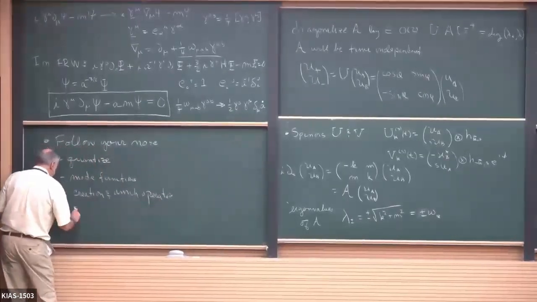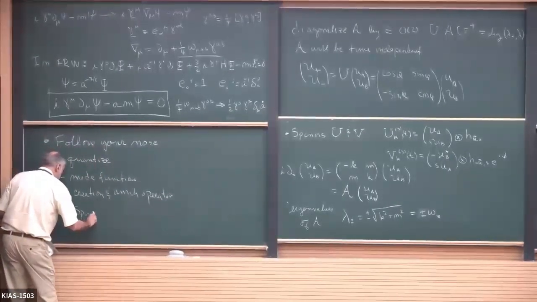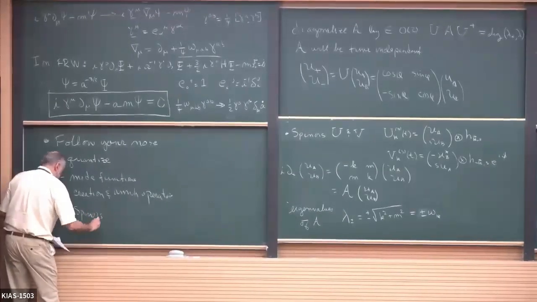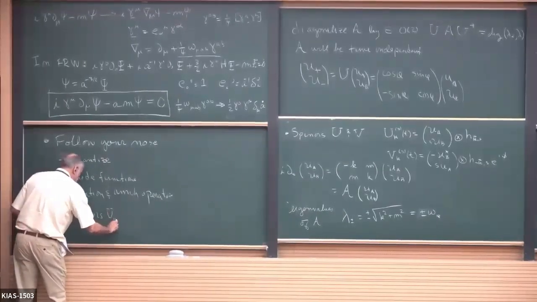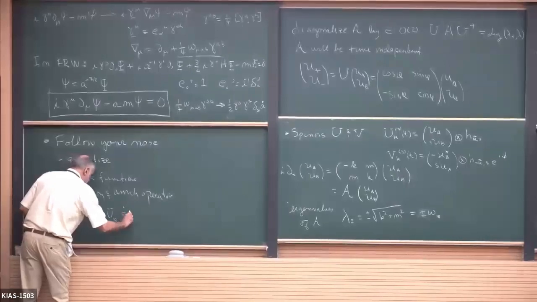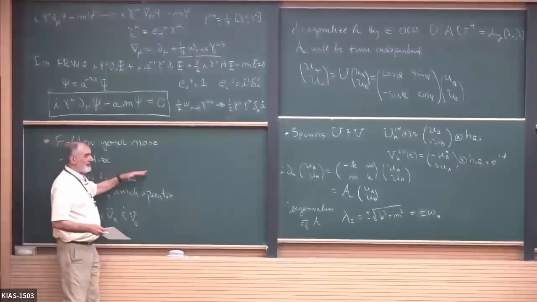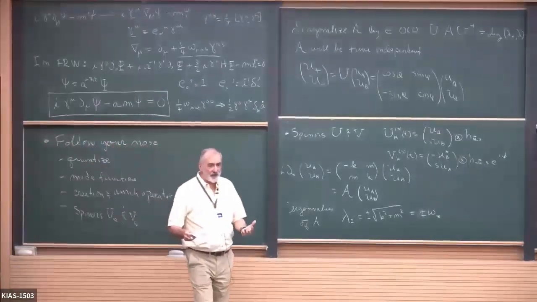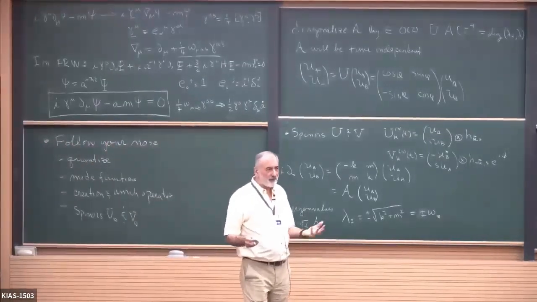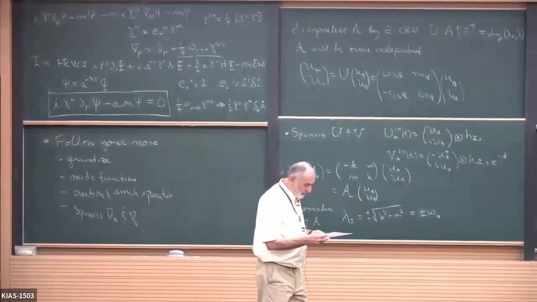And define spinors, U and V. Okay, so this just follows the type of procedure that we did for scalar field theory, and we're doing it now for fermions.